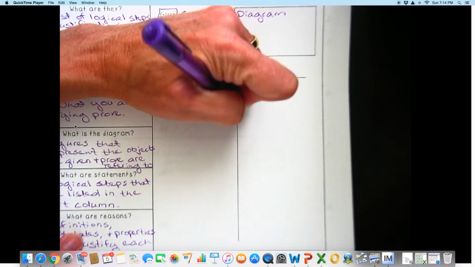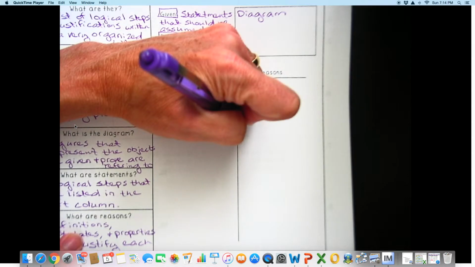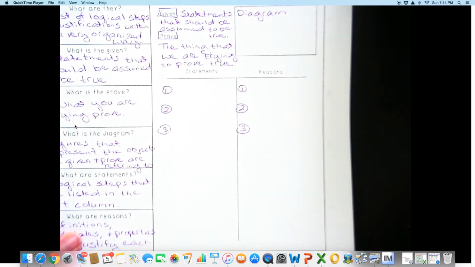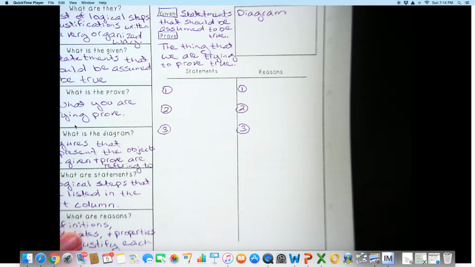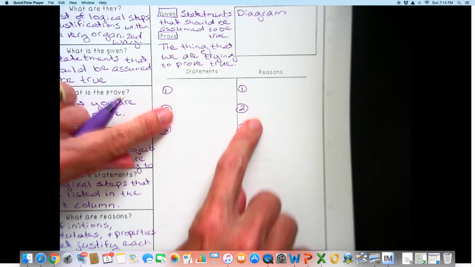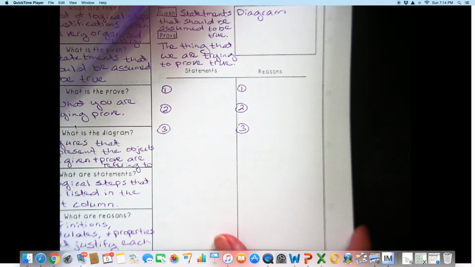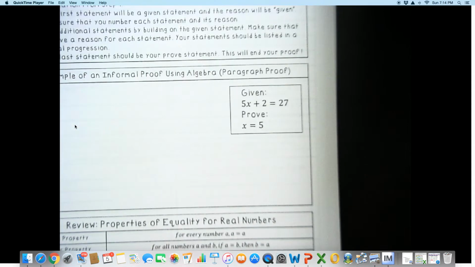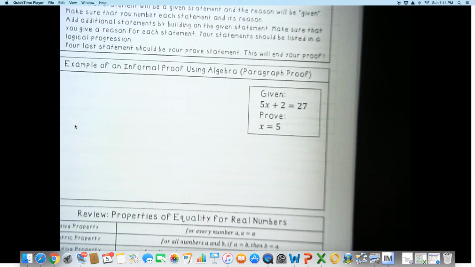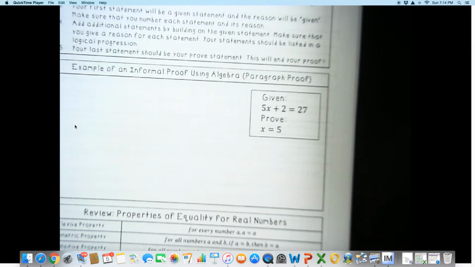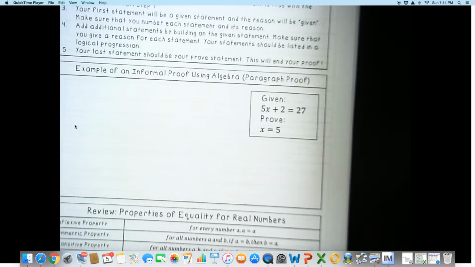Then we would go to step 2 and have a reason for step 2, and then have a third statement, and so forth, and have a reason for the third statement. So it basically would kind of look like this, and I'll demonstrate to you on this problem right here. This is on page 18 in your packet.